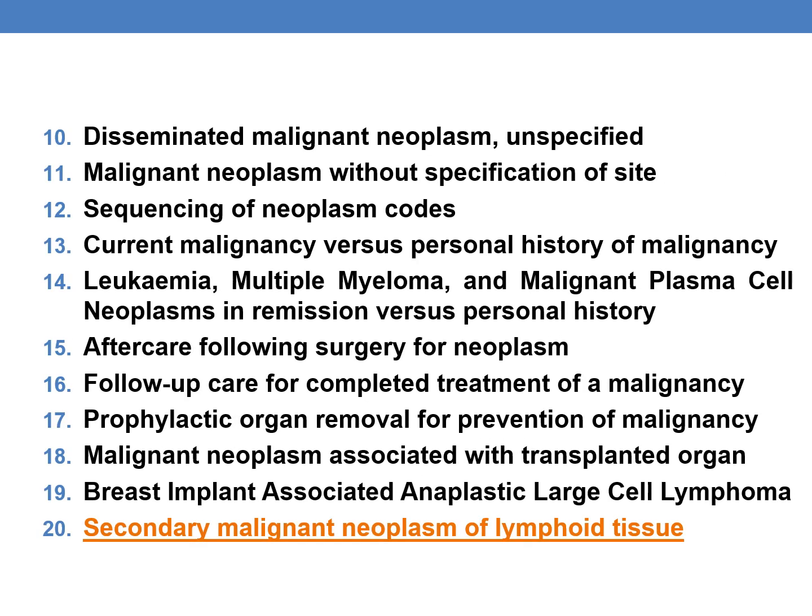disseminated malignant neoplasm, unspecified, malignant neoplasm without specification of site. Next is sequencing of neoplasm codes, current malignancy versus personal history of malignancy, leukemias, multiple myelomas and malignant plasma cell neoplasms in remission versus personal history, aftercare following surgery for neoplasm, follow-up care for completed treatment of a malignancy, prophylactic organ removal for the prevention of malignancy, malignant neoplasm associated with transplanted organ, breast implant associated anaplastic large cell lymphoma, and finally secondary malignant neoplasm of lymphoid tissue.